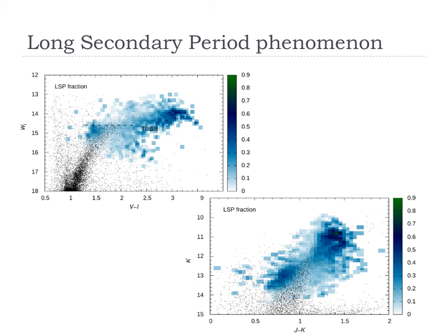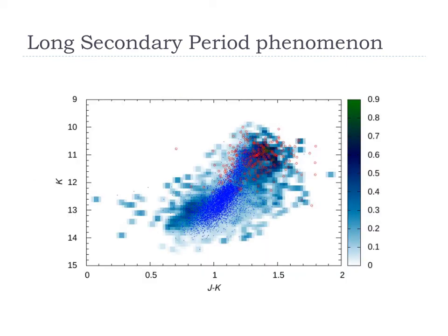One local maximum is right below the TRGB, and another, this time the global maximum, is on the AGB, which again can be a hint that LSP may not be a single-time phenomenon but a recurring phenomenon that may appear more than once over the course of the red giant evolution.